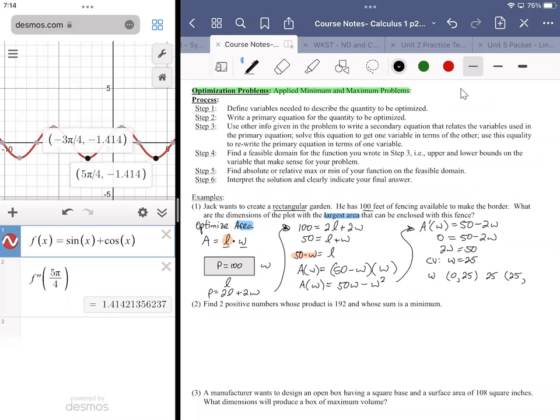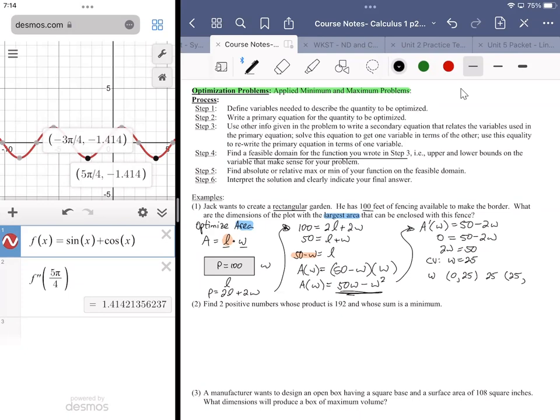That's the find a feasible domain for the function you wrote in step 3 part, right? Because looking at this, well, that function, that polynomial function is infinite. It can go on forever. W could be anything, but a feasible domain. Well, I don't want W to be negative, and I probably don't want it to be too big.